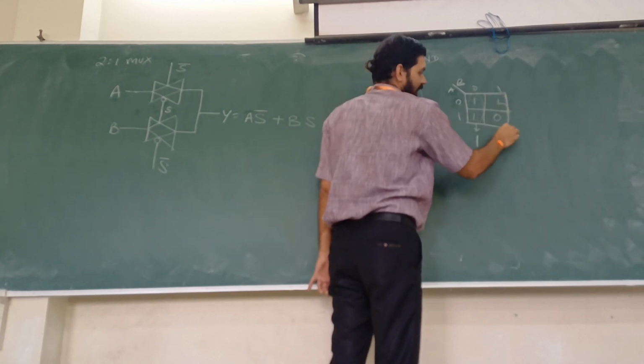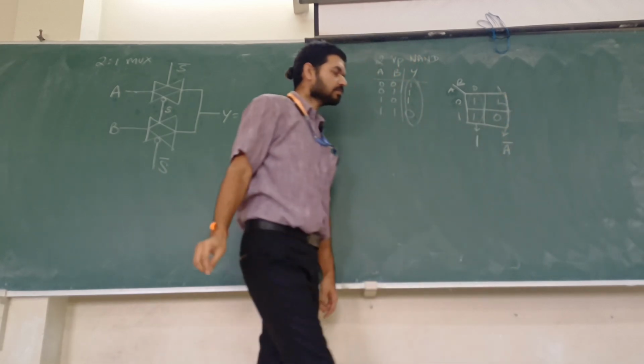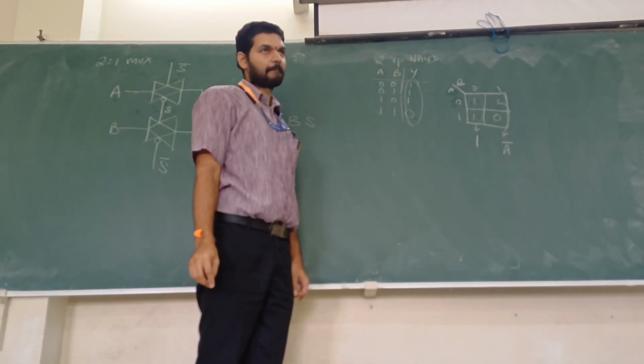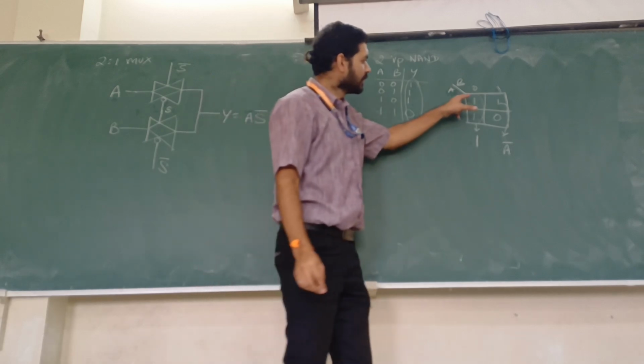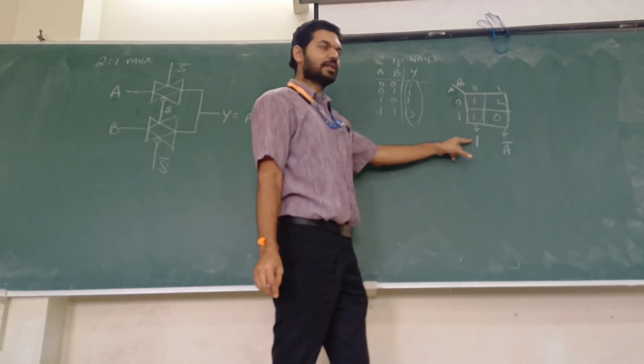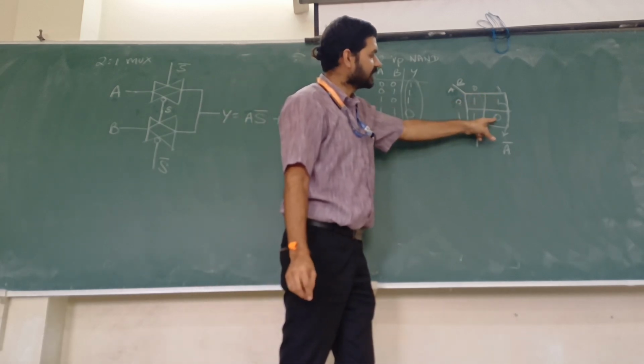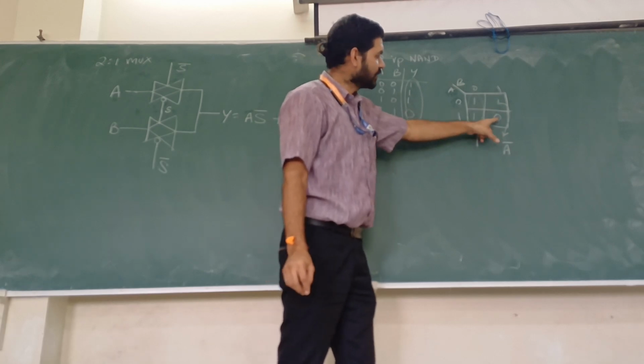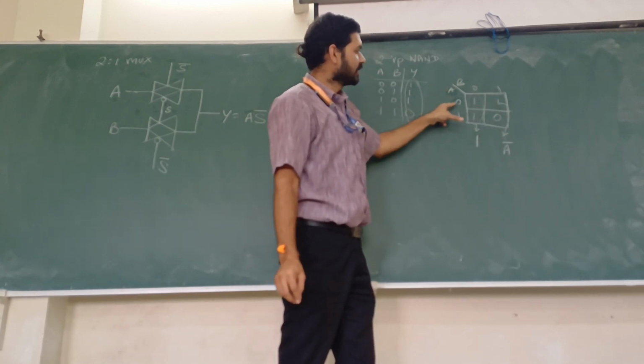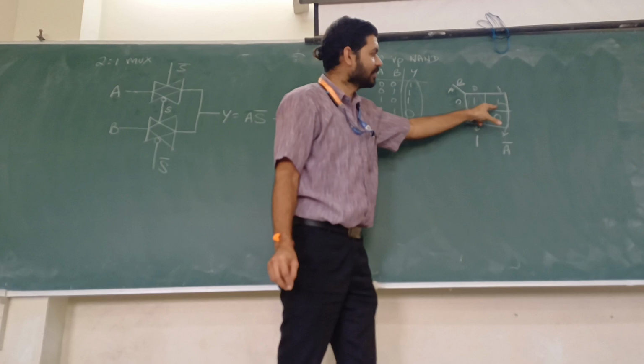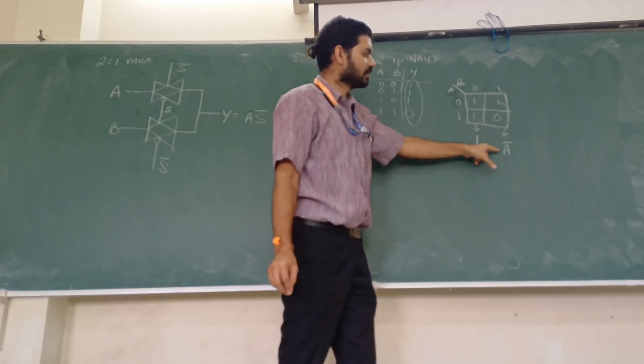So for this I get A bar. 1 and 1, definitely it is 1. Here it is 1 and 0. So 1 and 0 is like one element only. For A bar, A 0 is like 1 1. So I will take A bar.